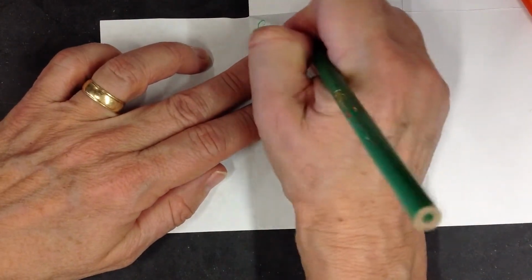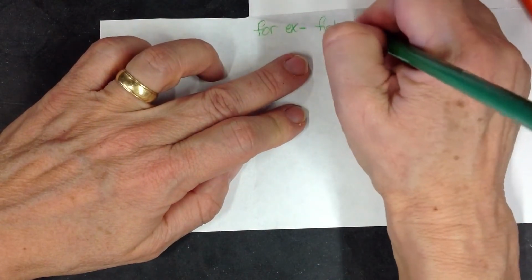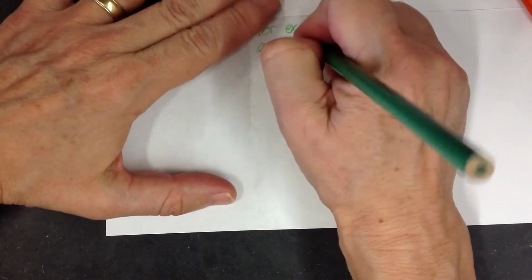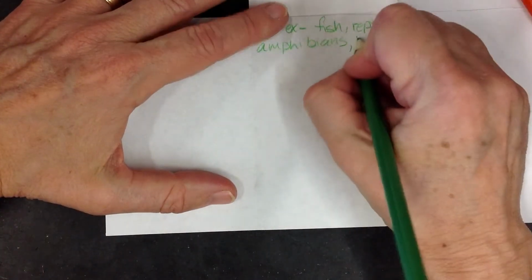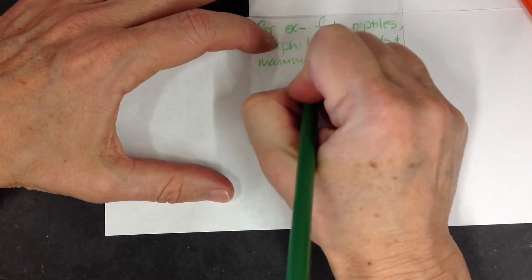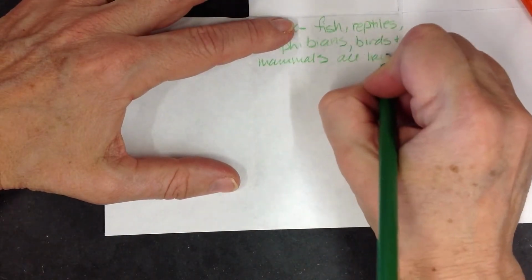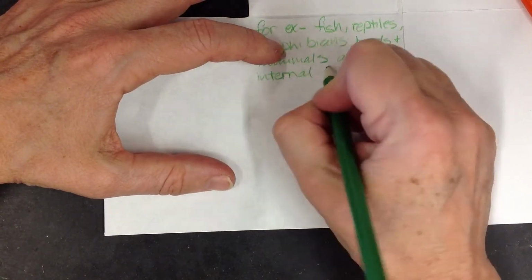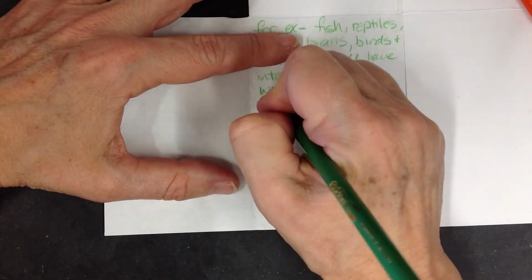For example, fish, reptiles, amphibians, birds, and mammals all have an internal structure, an internal skeleton with a backbone.